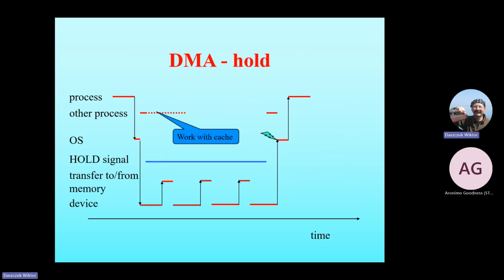With DMA, the process that initiates the transmission calls the operating system. The operating system programs the DMA channel. The DMA channel starts to transmit bytes and issues the hold signal to the processor. Every modern processor has a hold input signal on which we can stop the processor.